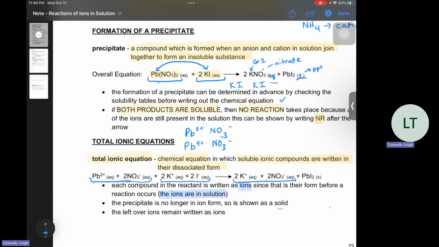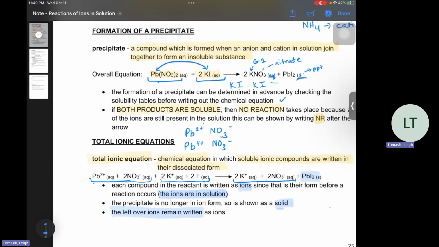The precipitate is no longer in ion form, so it is shown as a solid. In other words, we do not break the precipitate up into ions because it forms and it's insoluble, so it can't break down into ions, right? Once it's joined, it just stays there. That's what a precipitate is.